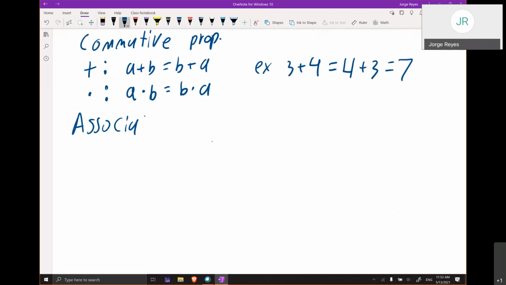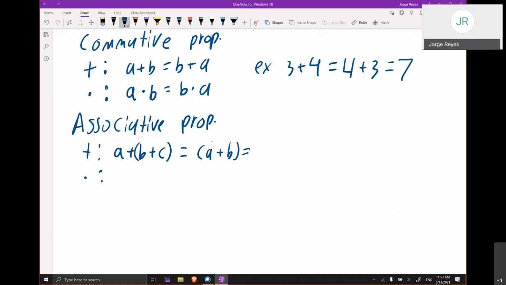Next we have the associative property. We have one for plus and times, and what this means is you can move parentheses, so I can add this in any order.